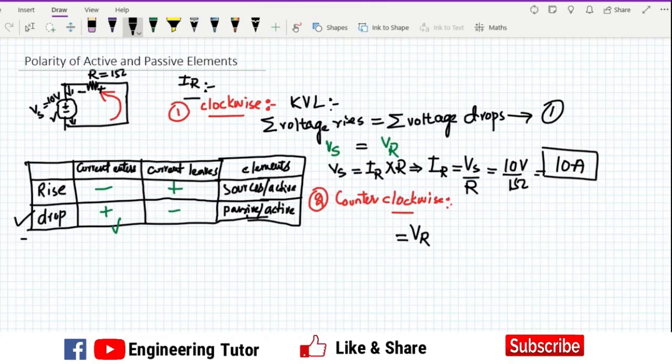So what is the concept here? This is a source, an active element, so how come it drops voltage? According to our developed rules, for both passive and active elements, we can have the voltage drop across both of the elements. So voltage drop here, and this is again V of S, because it is the sum of all voltage drops.